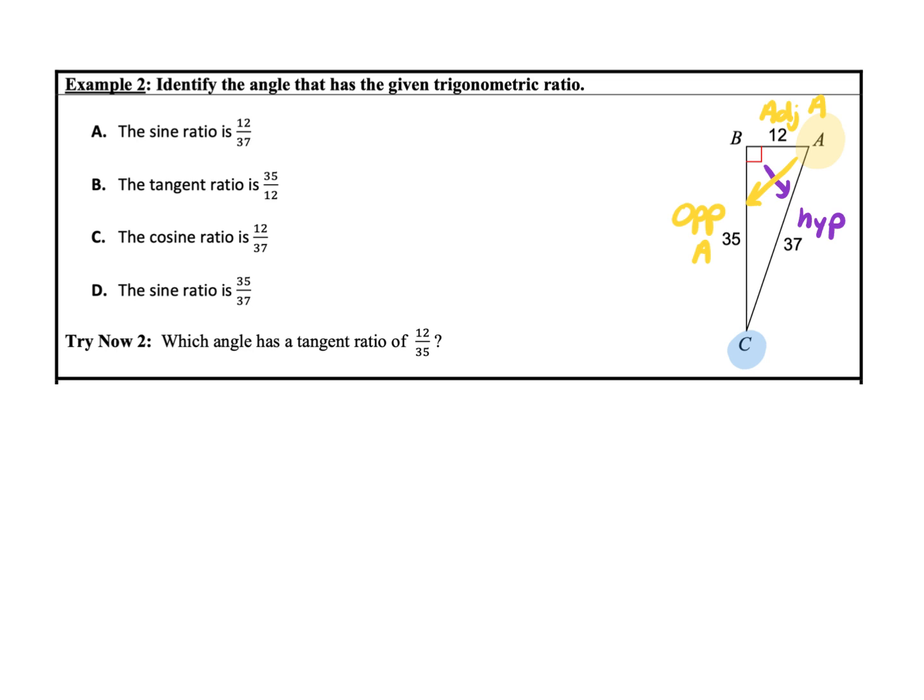Opposite and adjacent are going to switch spots. So it might just be easiest if we just draw a quick second triangle. So I'm just copying that. And I'm going to fill in my 12, 35, and 37. And for this one, we'll focus in on angle C.